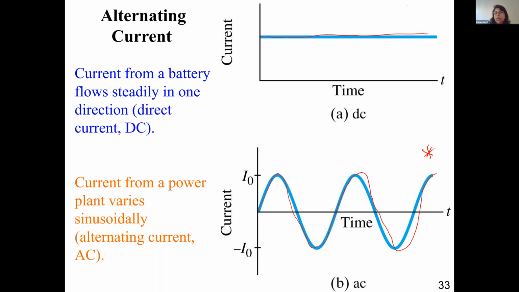Sometimes you use the DC, sometimes you need the steady current, like your computer, laptop, you need the steady power. Because of that, we use the DC for that, or DC converters for that. Sometimes, in your electric heater at home, main electric heater or the air conditioner, you need the AC power, because we need to do some rotational things that need back and forth current, that will need the AC current. Okay.